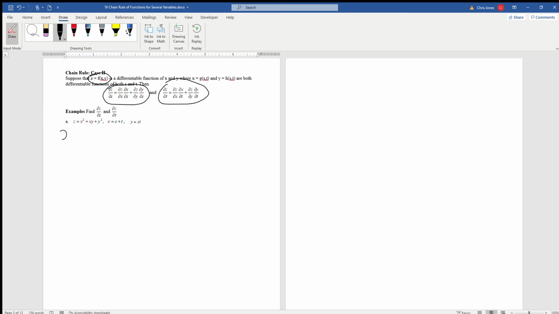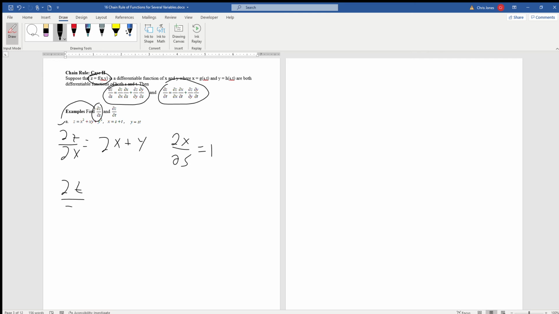Let's find the partial of z with respect to x first, and that's going to be 2x plus y. Let's find the partial of x with respect to s, and again we're just finding partial z partial s first. So partial x partial s is really easy, that's just 1.